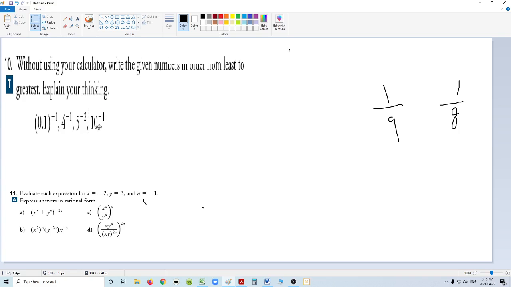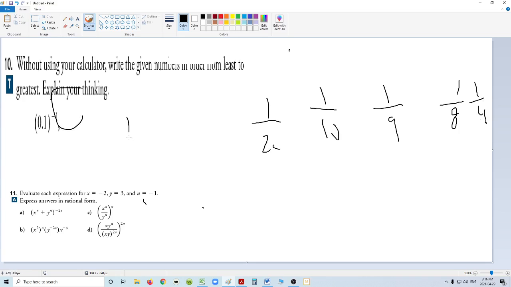And this is 1 over 10, which is smaller than 1 over 9. And this is 1 over 25. And this is 1 over 4. So it's the biggest one so far.